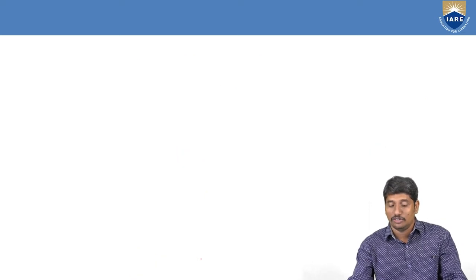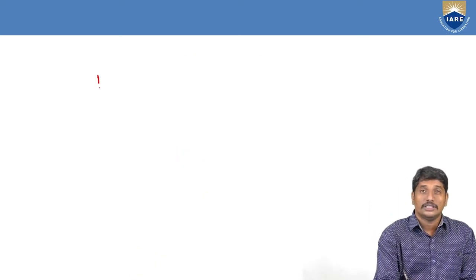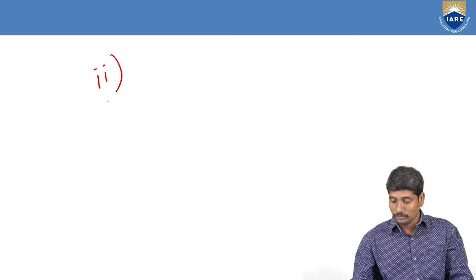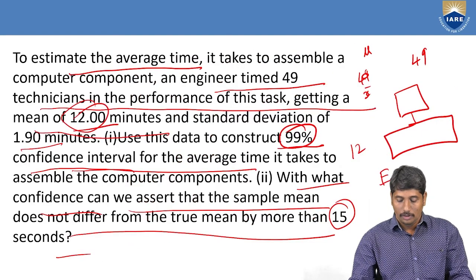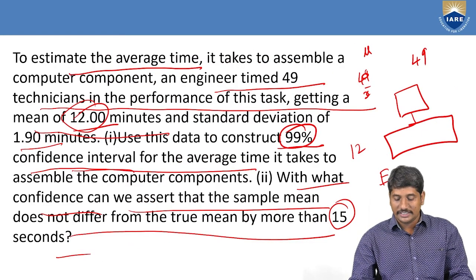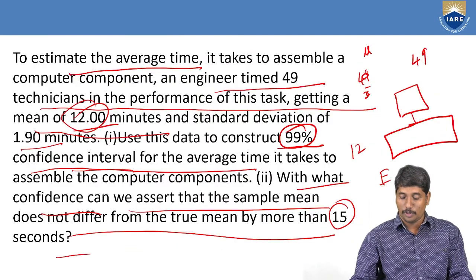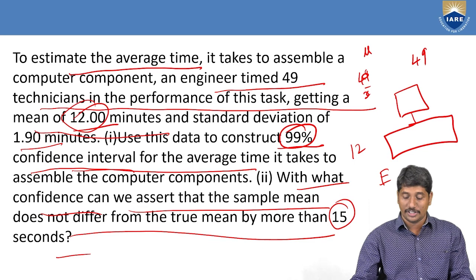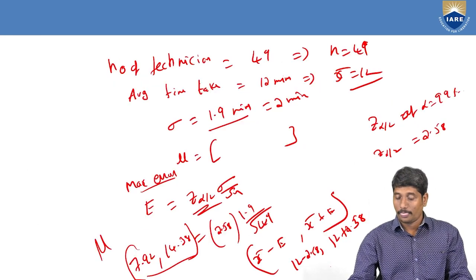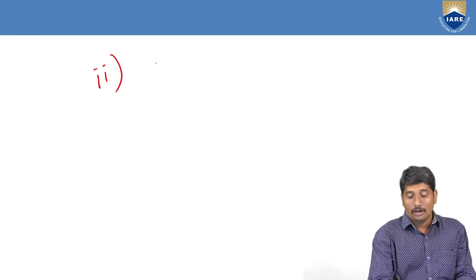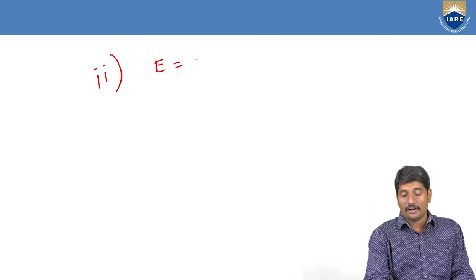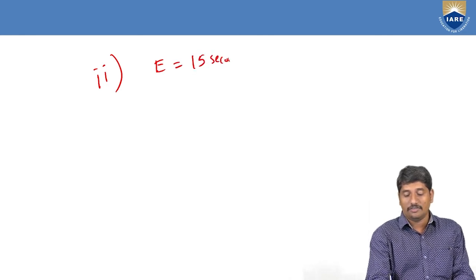Now let us look into the second bit. With what confidence can we assert that the sample mean does not differ from the population true mean by more than 15 seconds? That is, error is equal to 15 seconds. Why error?